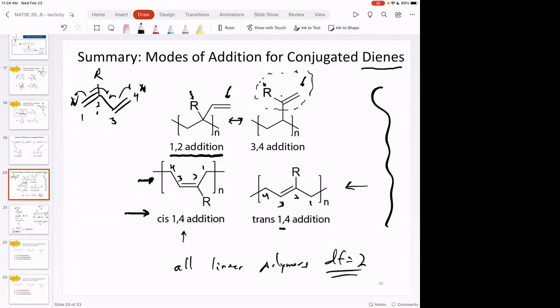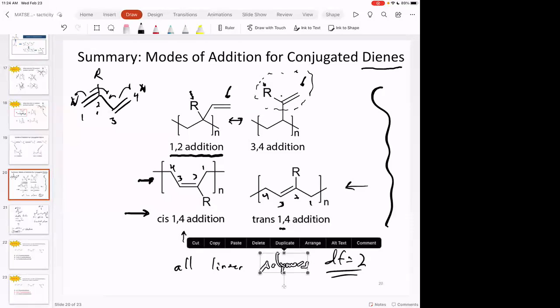Yes? Where do the cis 1,4 and trans 1,4 addition come from? Do you understand that 1, 2, 3, 4 go through the 1, 2, 3, 4? Yes. Yep. So cis means the same side. And so 1 and 4 are on the cis conformation, or the same side of the double bond, just like you learned in organic chemistry.